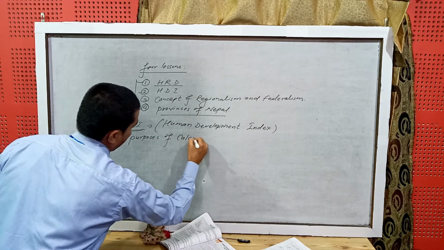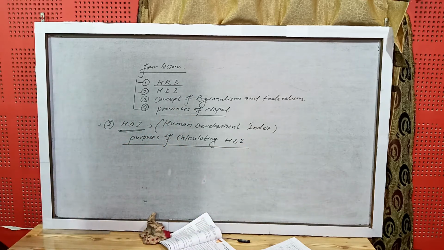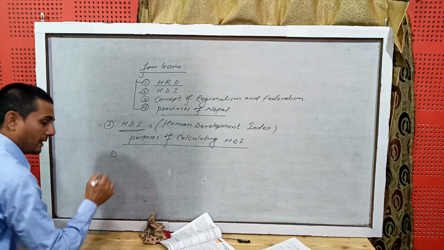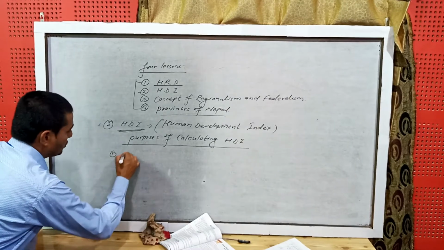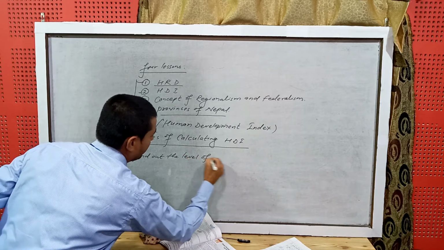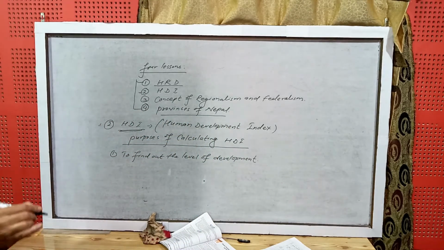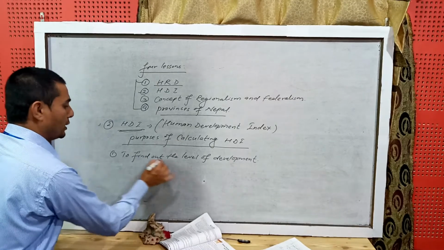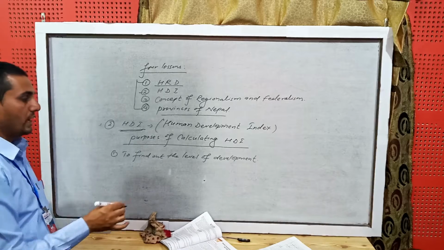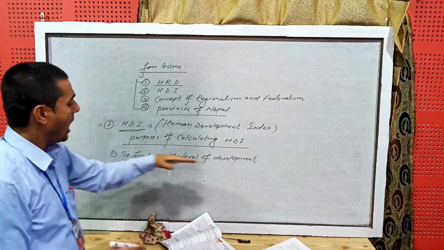Purpose of calculating HDI. Why do we calculate HDI? Number one, the major purpose of calculating HDI is to find out the level of development, or how developed the country is.